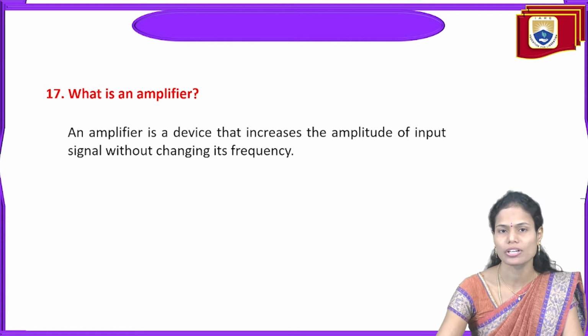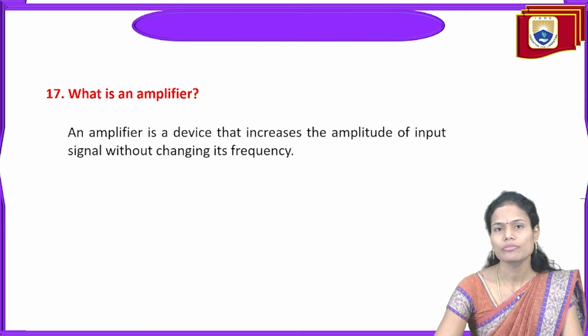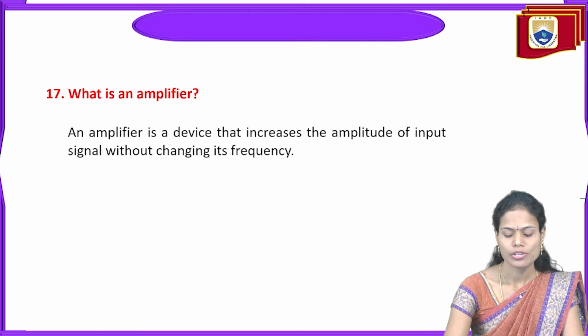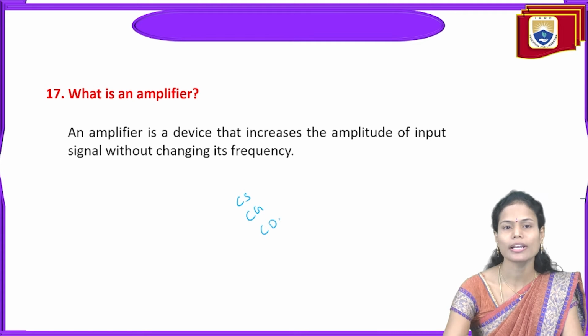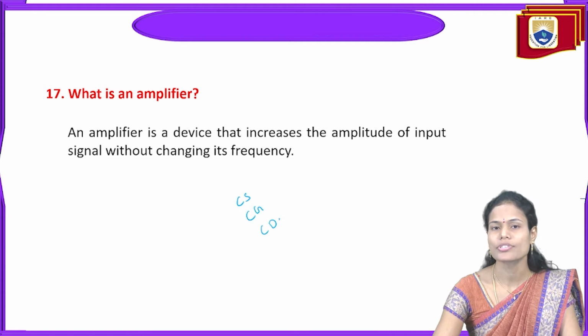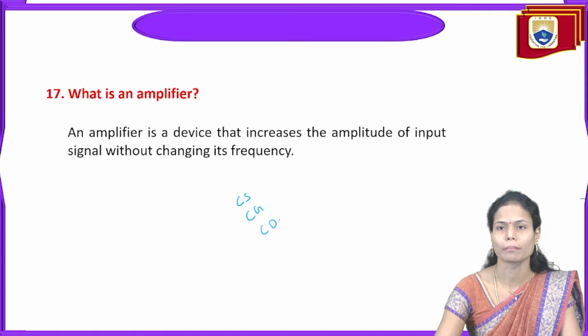That is the basic function of the amplifier. We can design this amplifier by using any JFET or any MOSFET. Three types of amplifiers we have: common source amplifier, common gate amplifier, and common drain amplifier, which may be available in JFET form or MOSFET form.